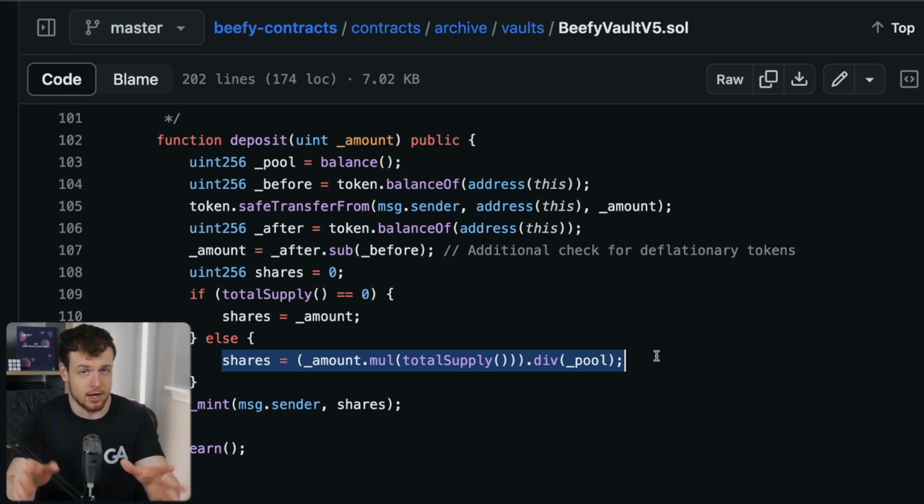And you'll see this in a lot of systems, and they might not look exactly like an ERC 4626 vault, but they can still be vulnerable to the inflation attack. So let's have a look at a system that doesn't exactly look like this, but is still very much vulnerable to an inflation donation attack.